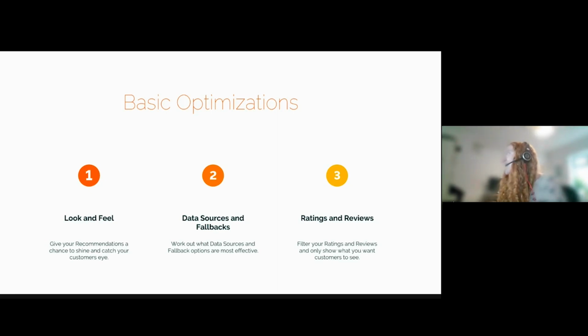The next one is about data sources and fallbacks, and this is where the meaty stuff comes in with Fresh Relevance's recommendations. Data sources allow us to choose how we want to pick our recommendations, and we tend to fall into a few major groups.